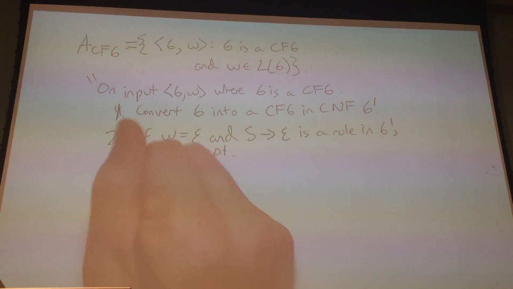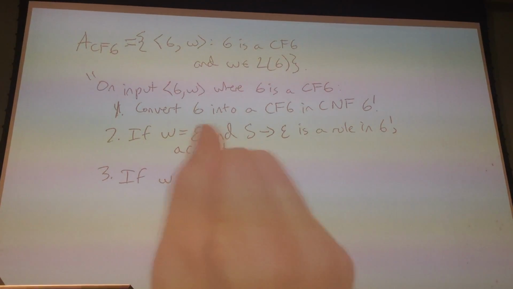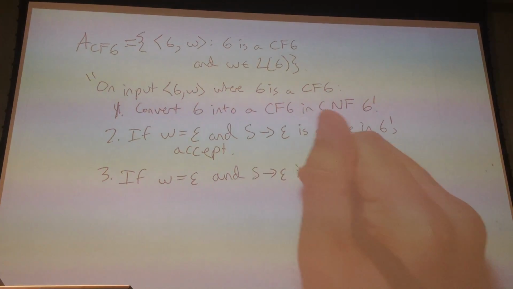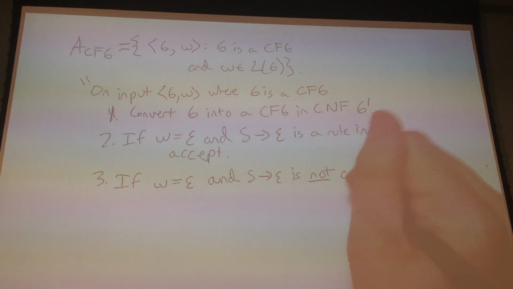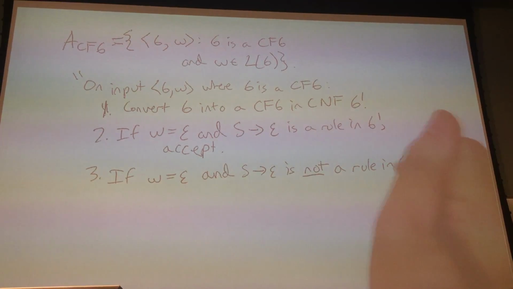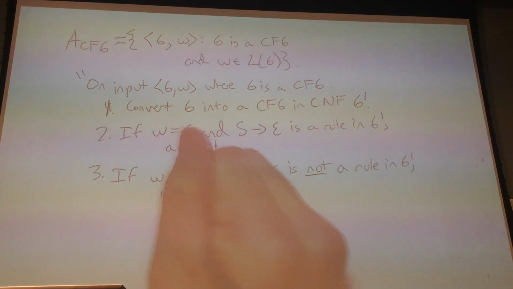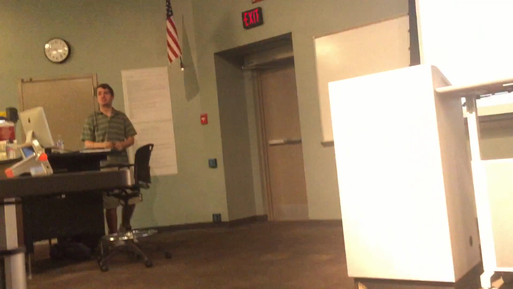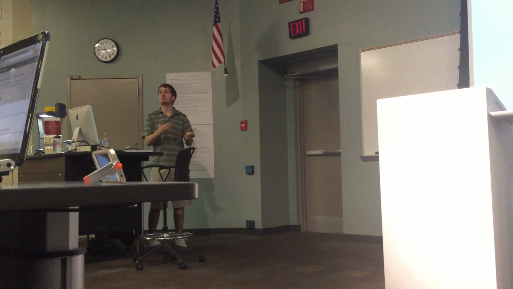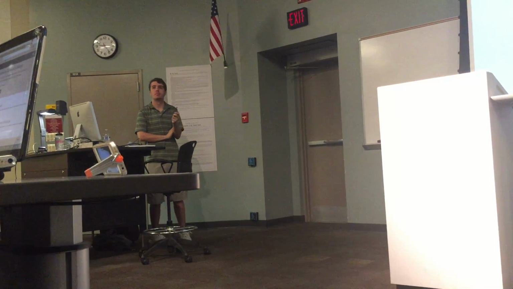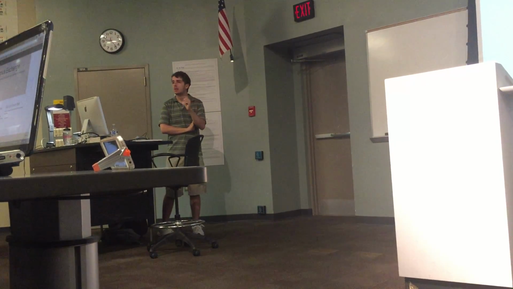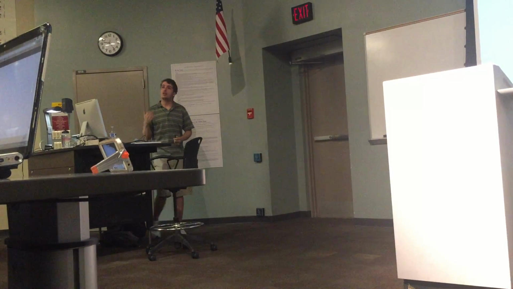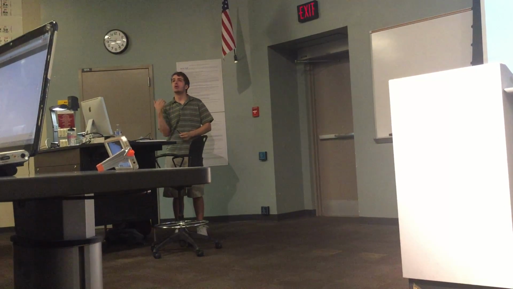So, if W is in fact the empty string, and S goes to empty is not a rule in G prime, reject. Note that I didn't say otherwise reject because W might not be empty and we still could generate that string. Okay?